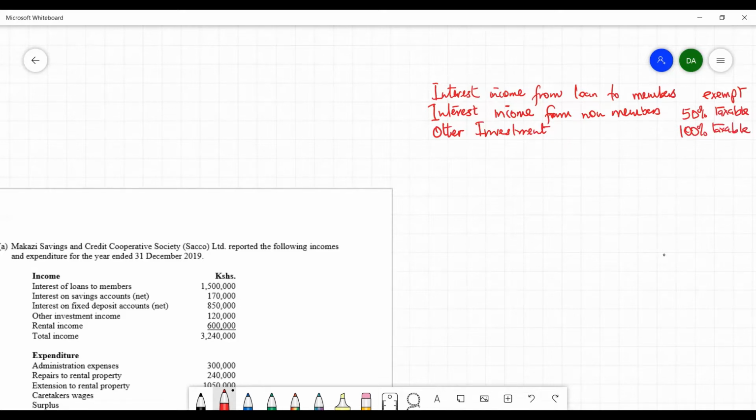Then we have rental incomes. After deducting the rental expenses, the net amount is taxable at 100%.